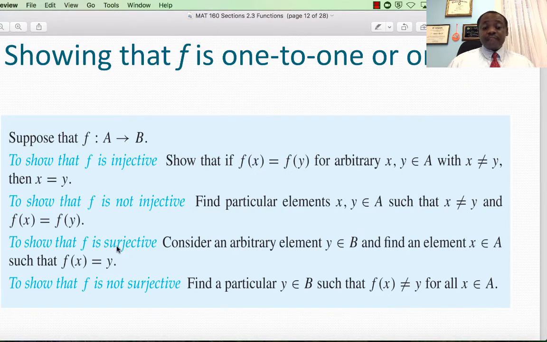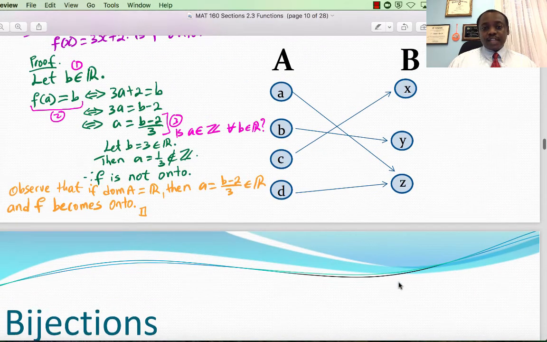To show that f is surjective or onto, we pick an arbitrary element y in B, and then we find an element a that has to be in A such that f of a equals b. And to show that f is not surjective, we find a particular element y in B such that that relationship does not hold. That is what we did here.